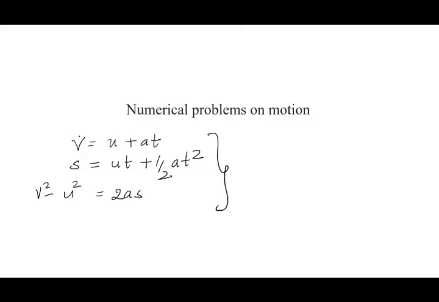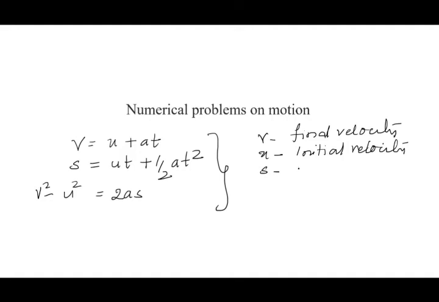You all know that v is final velocity, u stands for initial velocity, s is distance or displacement. Let me write here displacement. a stands for acceleration. Right?